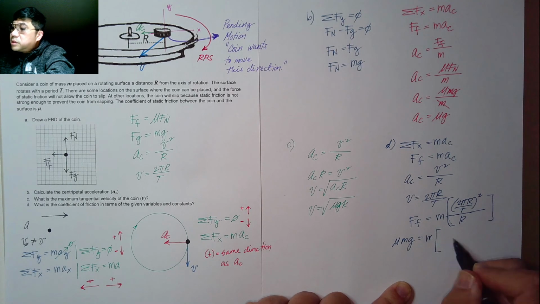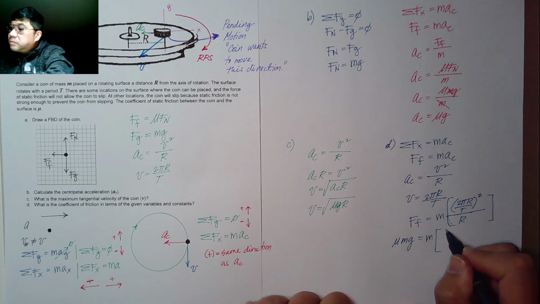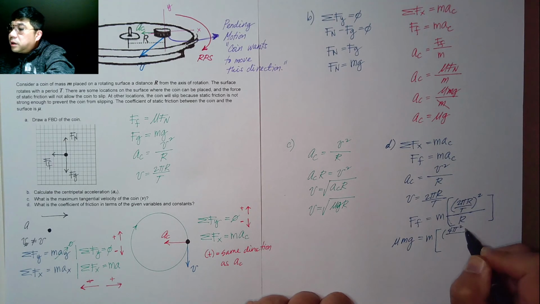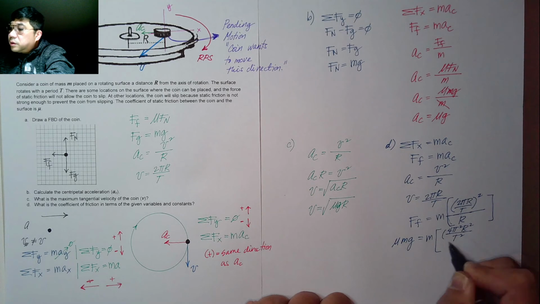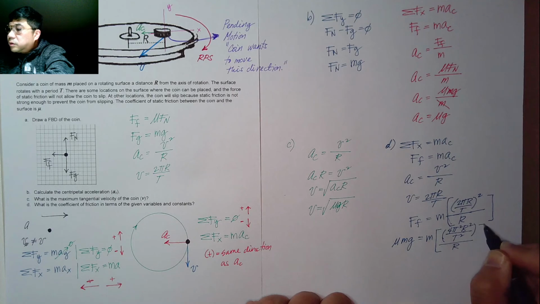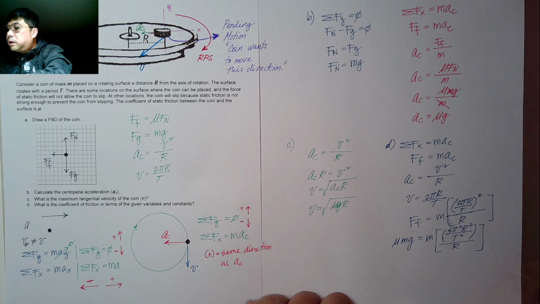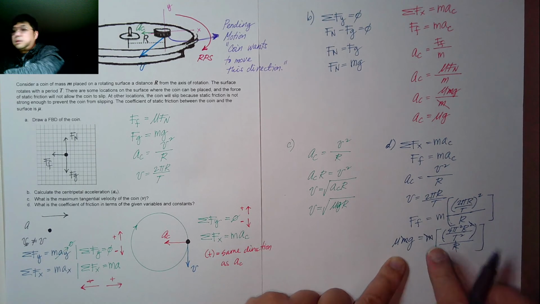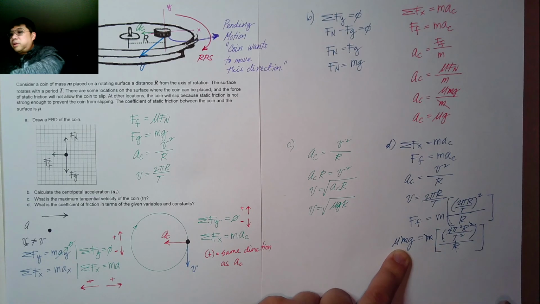And that will give us 2 times 2, that is 4. Pi times pi is pi squared. R squared over t squared, divided by r. Then close your bracket. Oh, I can cancel one of the radius. I can also cancel my mass if I divide mass on both sides of the equation.